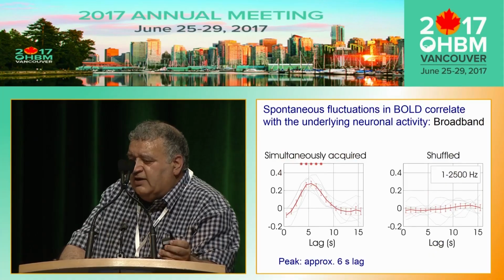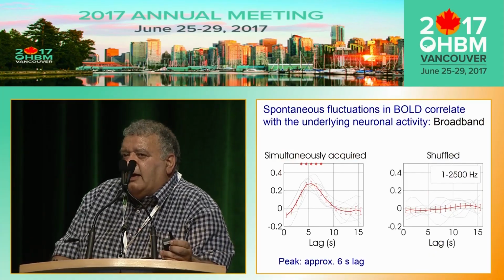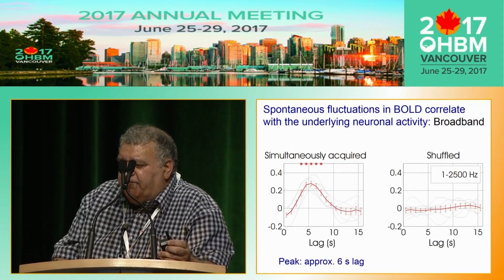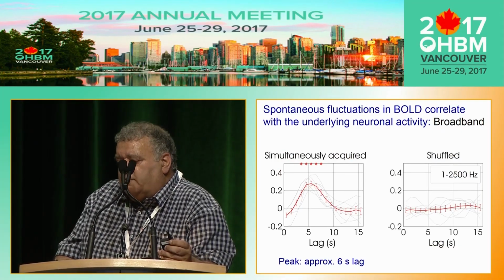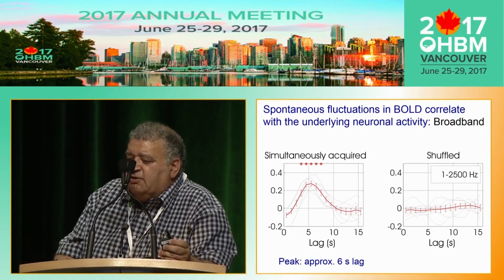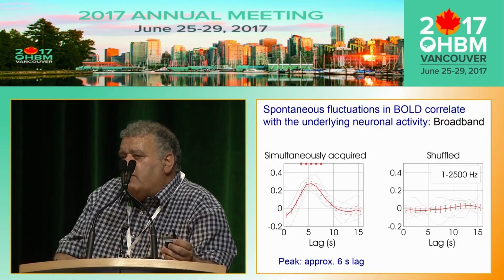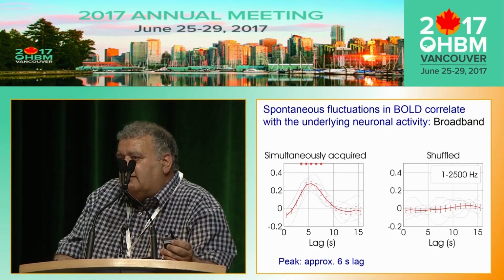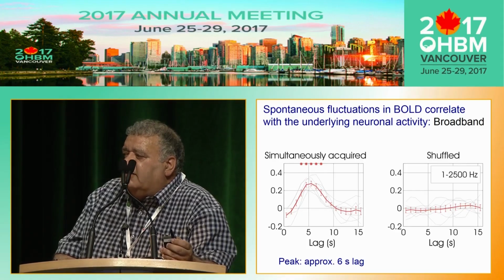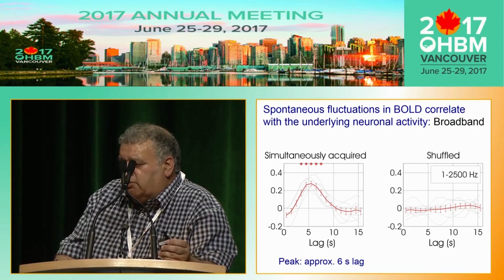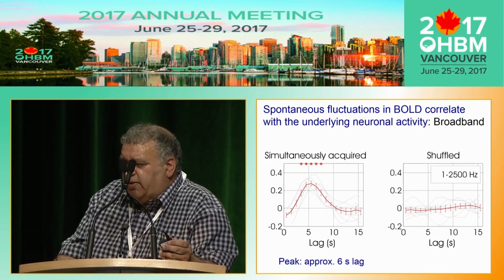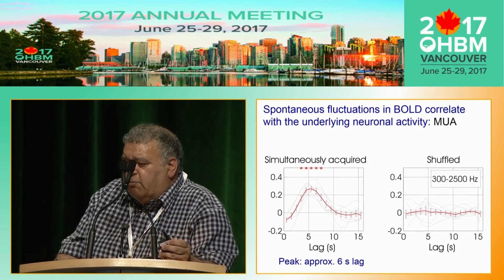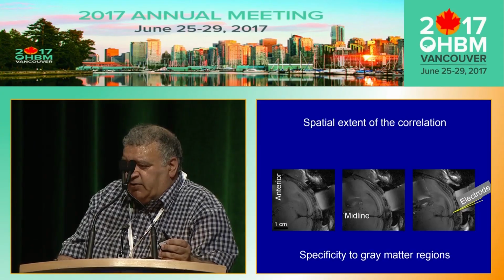When we do that, to the left, we can see a hemodynamic response-like function of the correlation between fluctuations in BOLD and neurophysiological activity that on the right is gone if we break the simultaneity condition, meaning if we shuffle the neurophysiological recordings relative to the fluctuations in BOLD, suggesting that this is not a false positive result. So this is in the broadband and in gamma activity, multi-unit activity, and spike rate.